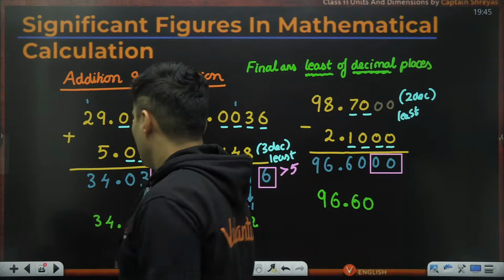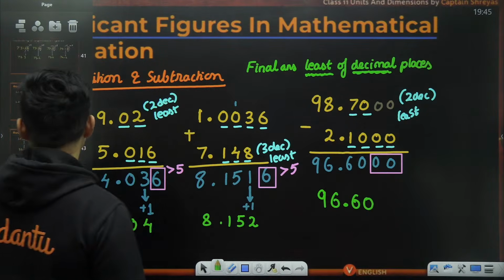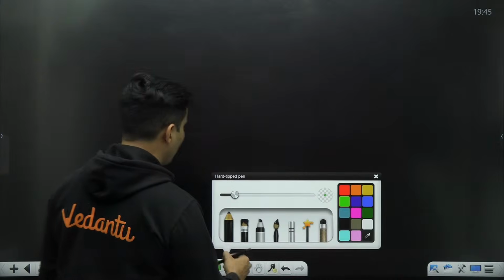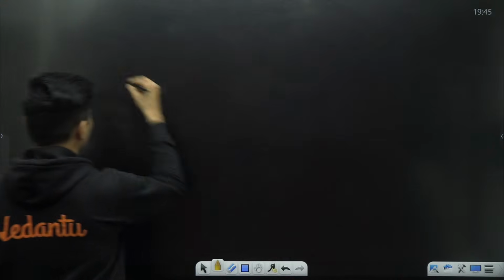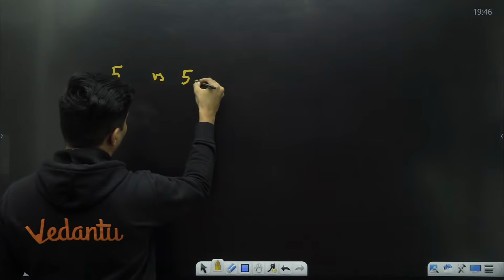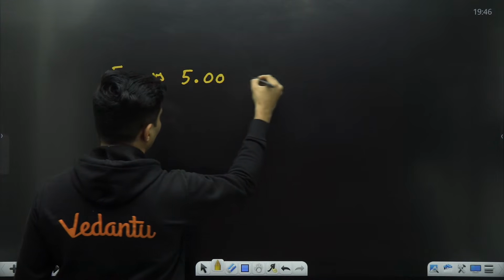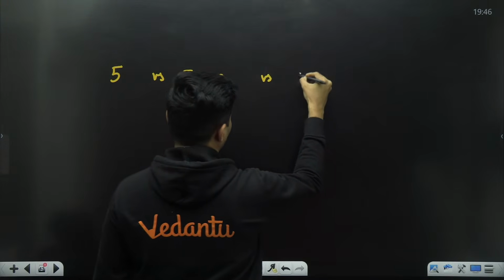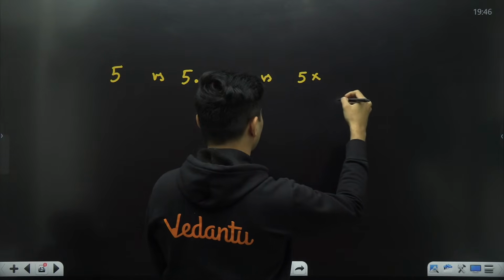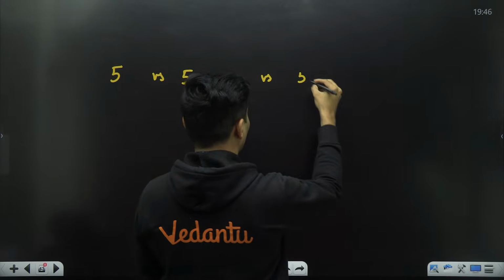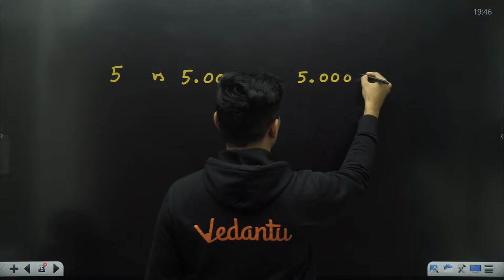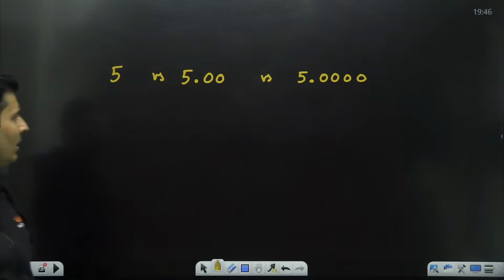Okay. I have also seen sometimes some questions regarding who is more accurate. Like for example, 5 versus 5.00 versus 5.0000. No need of 5 into 10 to the power, just this.